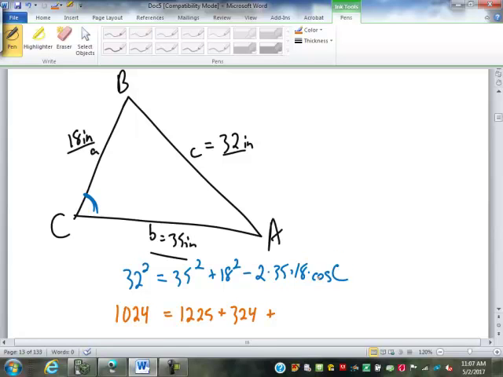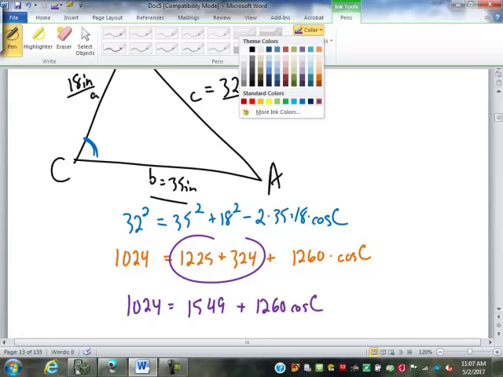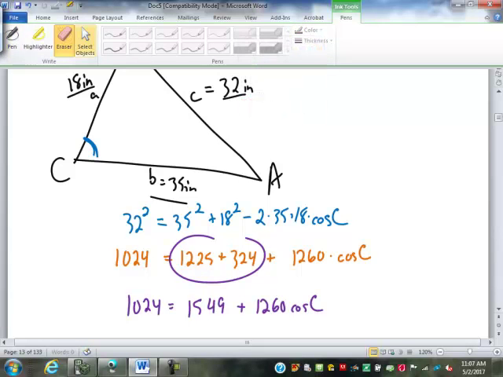2 times 35 times 18 is what? 1,260, I believe. Times the cosine of C. So you just combine these two, right? So I got my 1,024 equals 1,549 minus 1,260 cosine C. Thank you, I don't know why I put that plus in there.